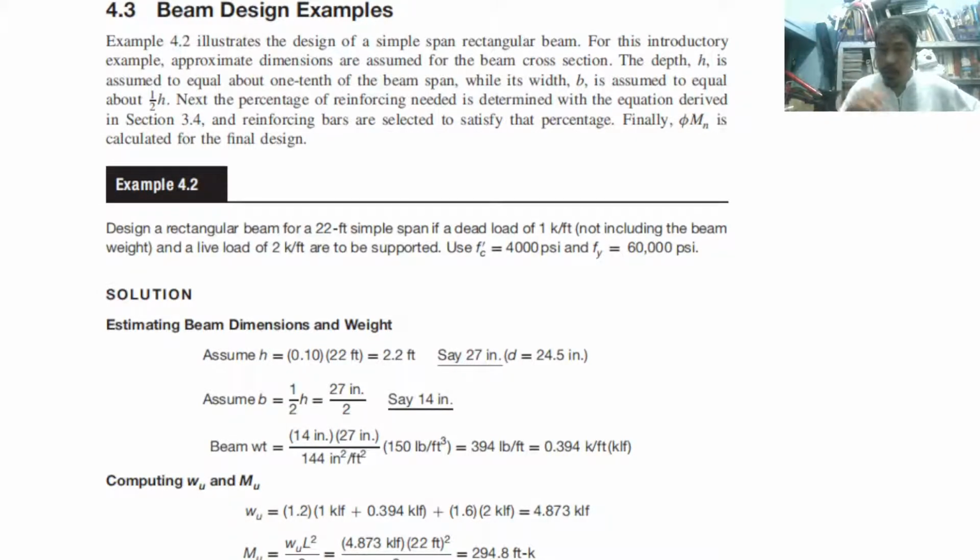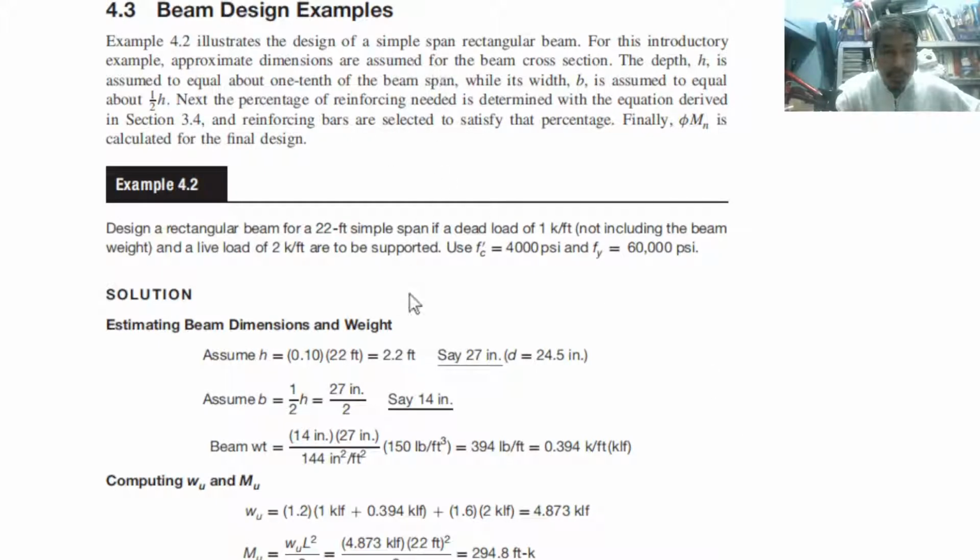We need to have an idea of how to place the reinforcement. Let's talk about this example before we take a break.